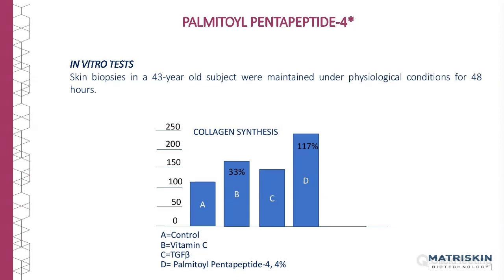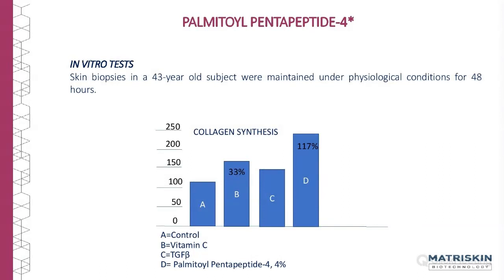There are quite a few clinical studies, in vitro tests, that confirm the efficacy of this pentapeptide in improving collagen synthesis. Looking at your range of different classically used ingredients that induce collagen into the skin, which includes vitamin C, transforming growth factor beta, and then comparing that to palmitoyl pentapeptide 4, we can clearly see that vitamin C improves collagen synthesis by 33%, which we know vitamin C is an excellent ingredient.